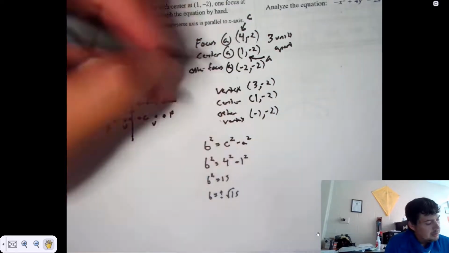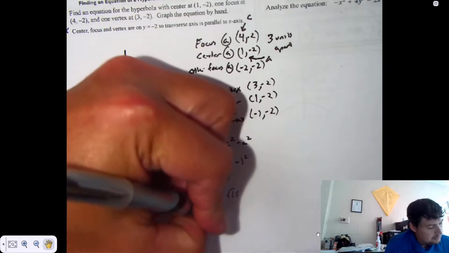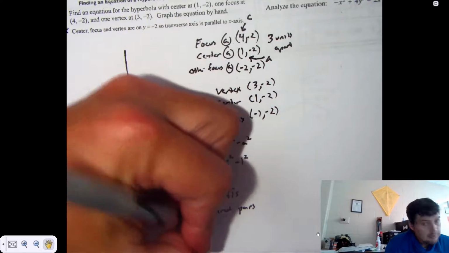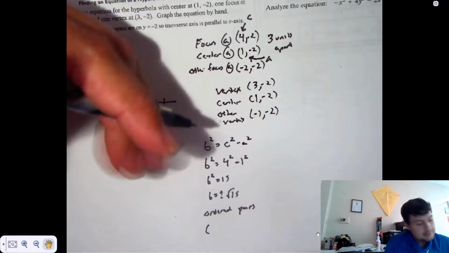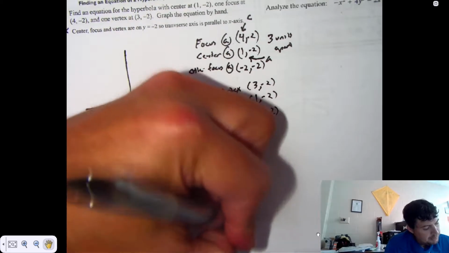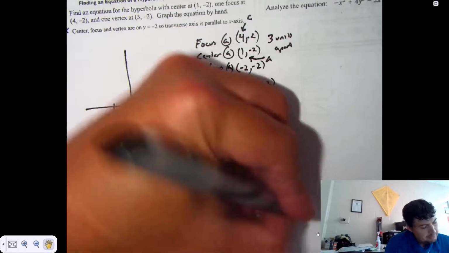So the actual ordered pair, if I was to show my ordered pairs, there would be no change on x. It'd be 1, and negative 2 plus a root of 15, and then 1 and negative 2 minus a root of 15.